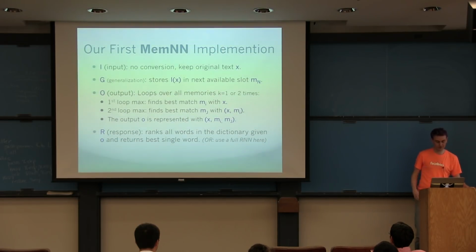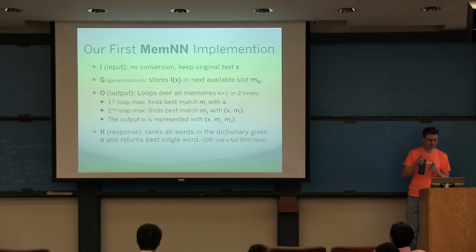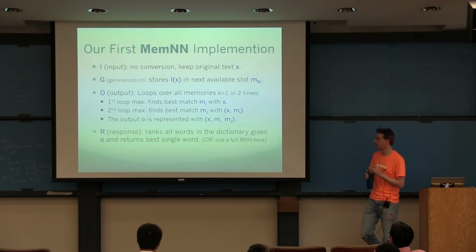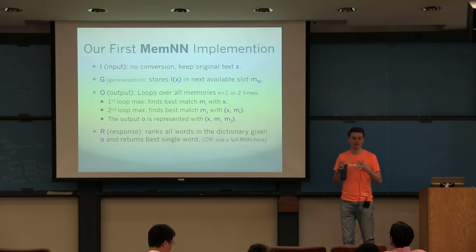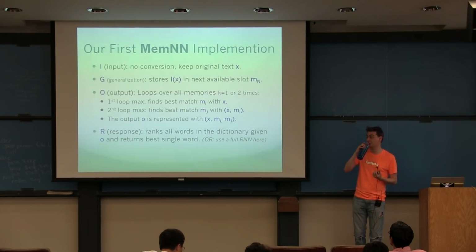So our first memory network implementation is going to be super simple. It has these I, G, O, and R components, but we try to make them the absolute essence, the simplest we can, that still can give interesting results.